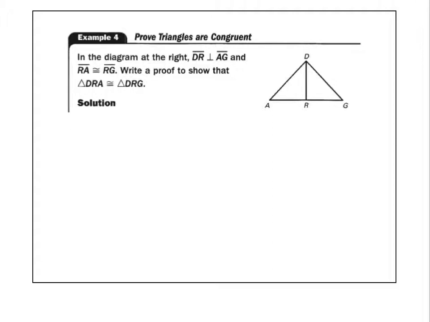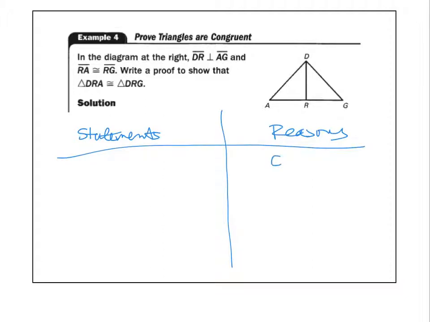Here's another one. We are asked to prove that these two triangles are congruent. So again, if you're asked to prove it, start the two-column proof with statements and reasons. Always set it up like this, and then find out what's given. Let's see what's given.